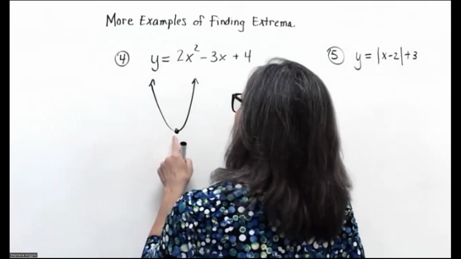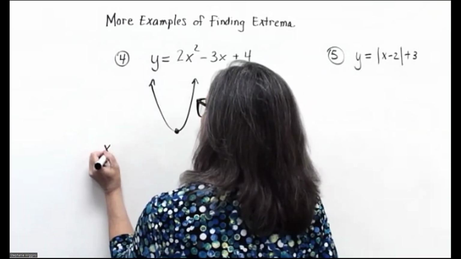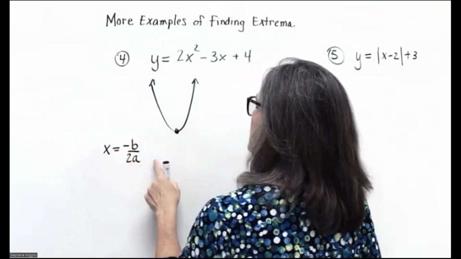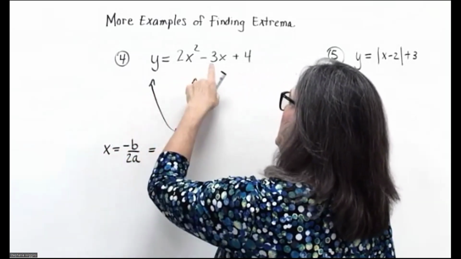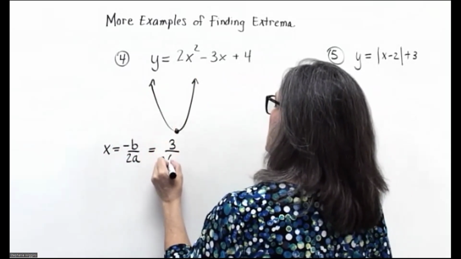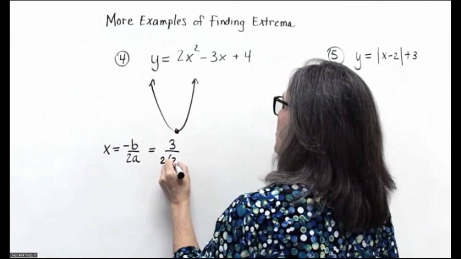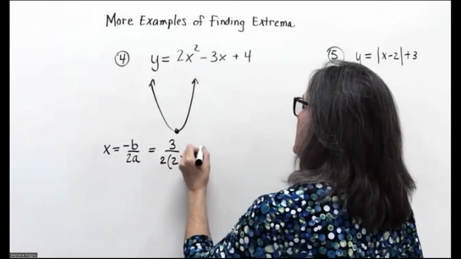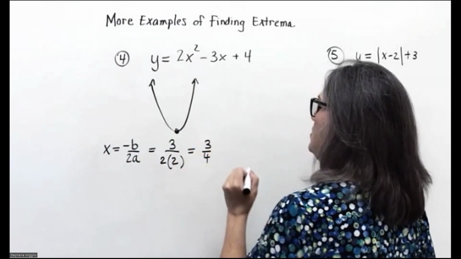So to find the vertex, remember we use the vertex formula, x equals minus b over 2a. And in this example, b is -3, so this is going to be 3 over 2 times a, which is 2. Okay, so we get x equals 3/4.